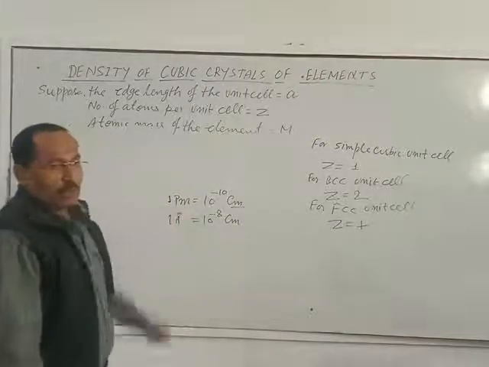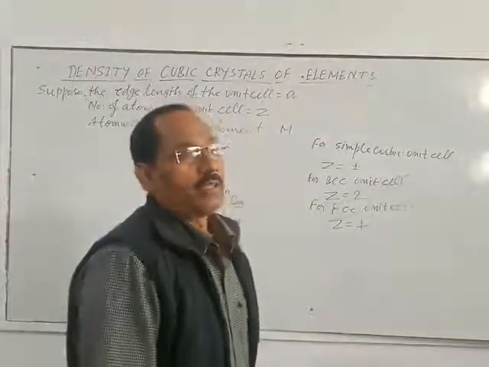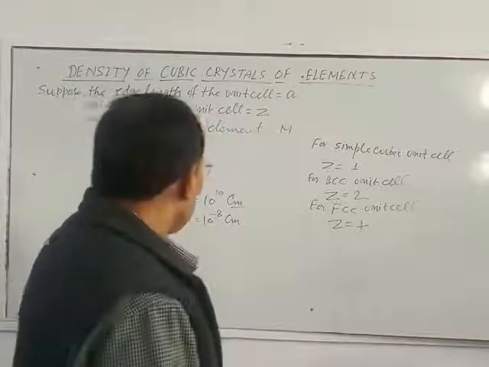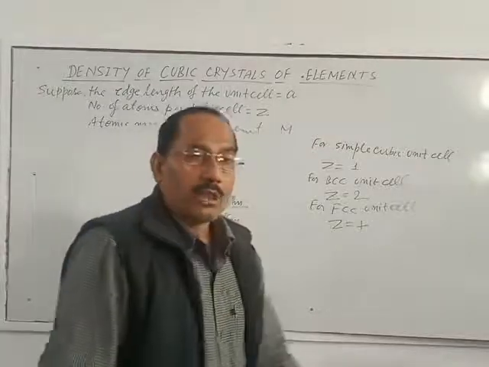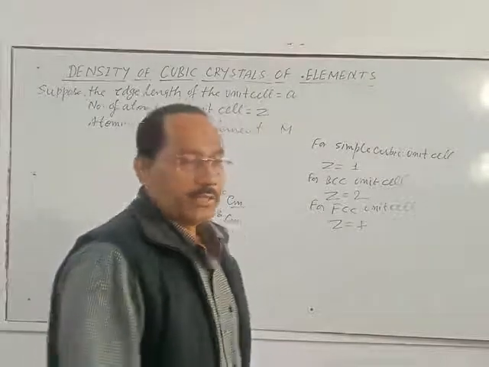With the help of this value, you can calculate the edge length in centimeter. If the edge length is given in picometer, then you can change this value in centimeter.